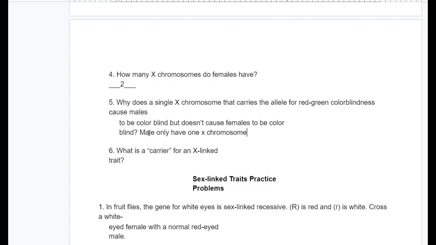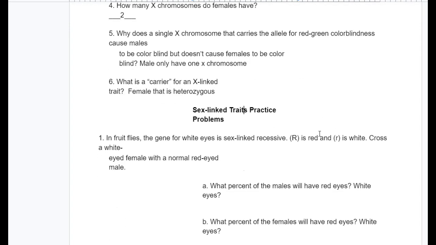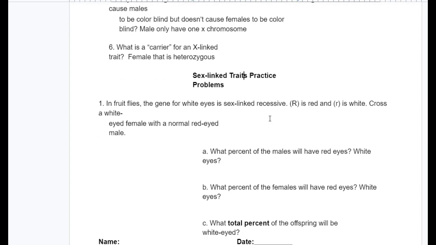Okay, that's exactly why. What is a carrier for an X-linked trait? It's a female that is heterozygous. All right, that's what it is. I kind of did those things on the board in class, so we'll keep moving along.